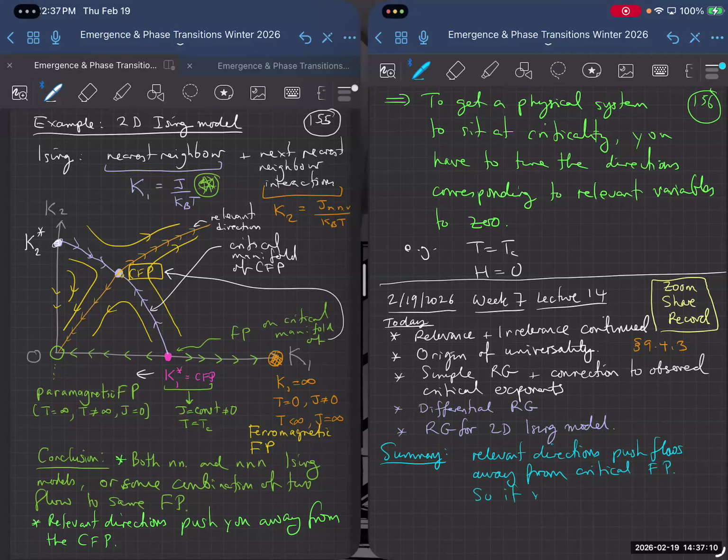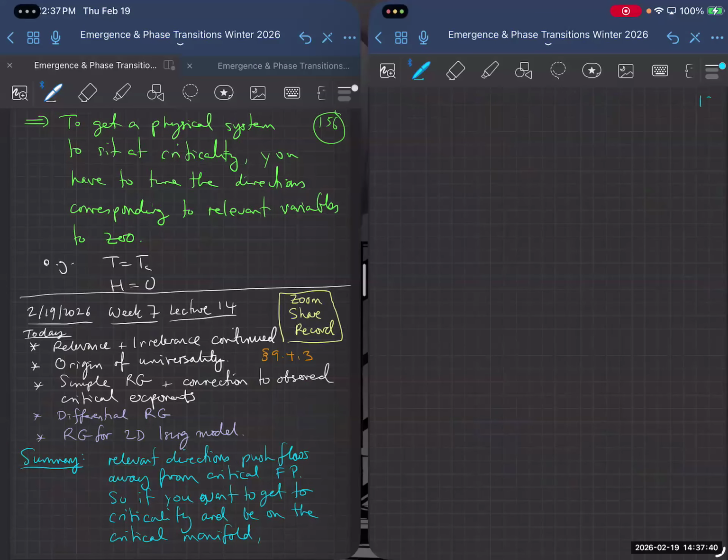So if you want to get to criticality, and thus be on the critical manifold, you have to adjust your coupling constants, K, to have zero components in the relevant directions.